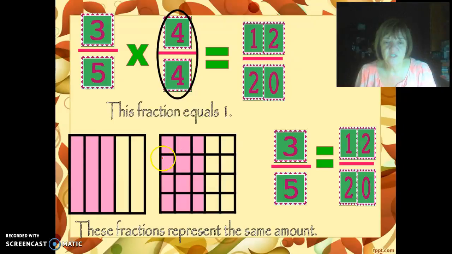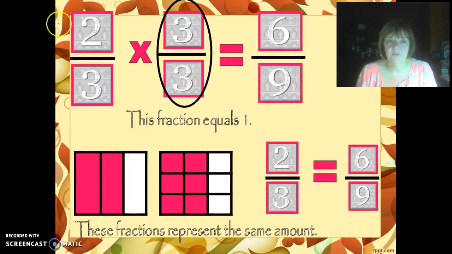So over here, we just cut it up some more so that we cut it up into 4 more pieces. So now we have 20. If you counted all this, there's 20 boxes, right? 4 by 5. Only 12 of them are colored in. But it's the same exact space as this one over here. Okay? So 3/5 is equal to 12 20ths. They represent the same amount. Okay?